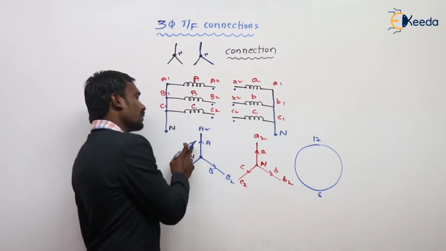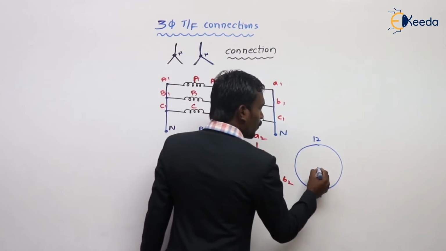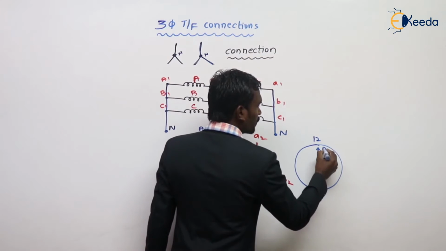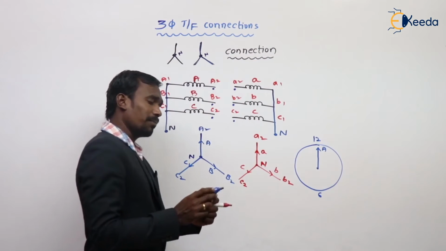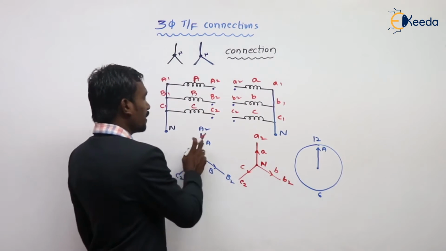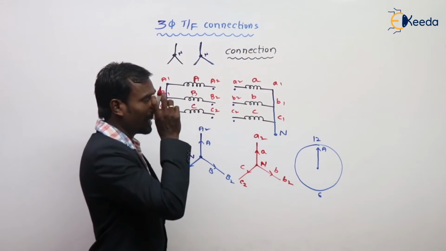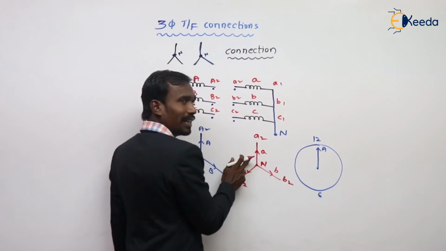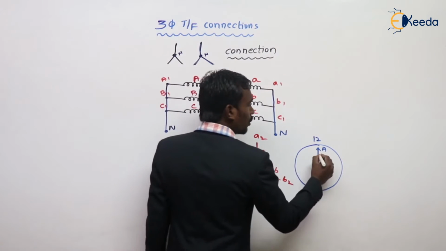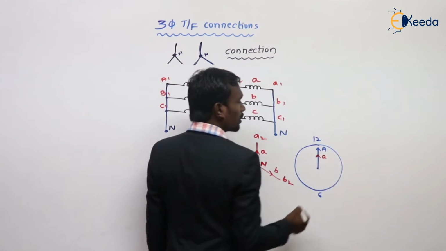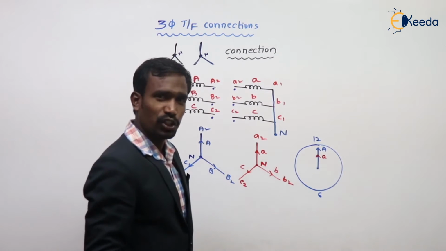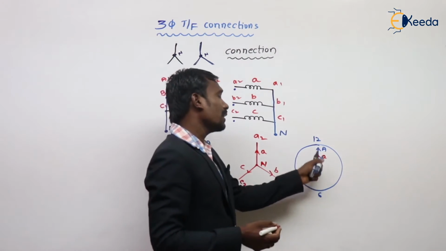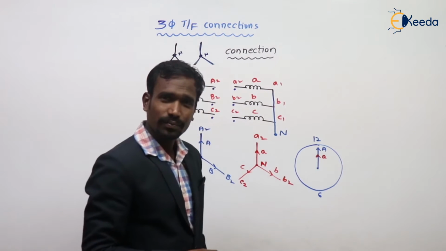I told you the primary winding vector is represented with capital letters, which is the minute hand. This minute hand is in the upward direction, and the secondary, the hour hand, is also in the upward direction. Both are in phase with each other.